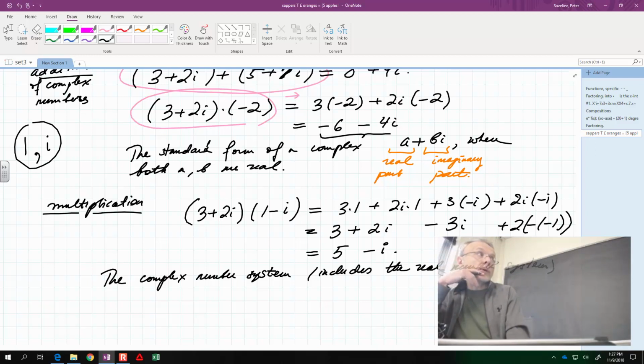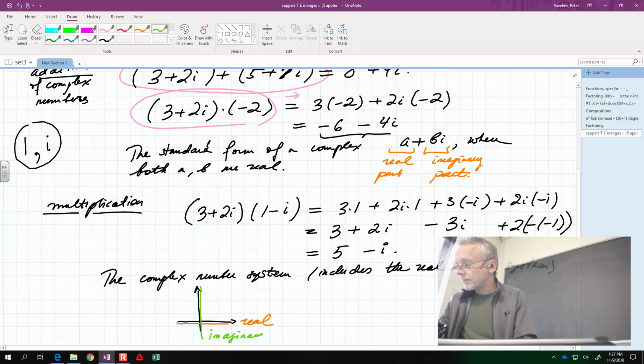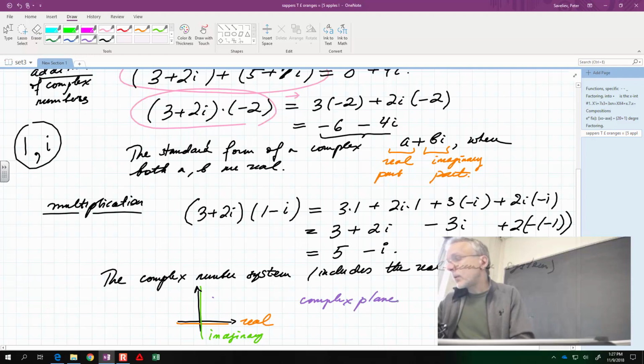Because there are more imaginary numbers than real numbers, there are more complex numbers than real numbers. In fact, there is a geometric interpretation of complex numbers. If these are all real, and say these are all imaginary, then every point on this plane, this is not the xy plane, this is the complex plane, is a complex number.